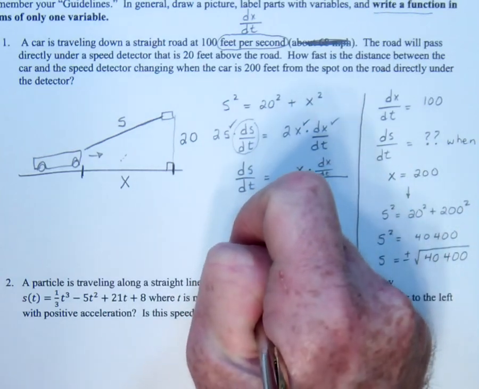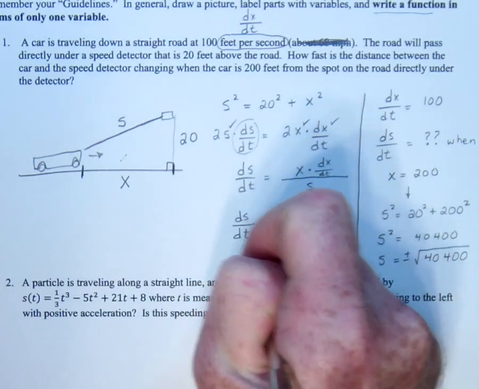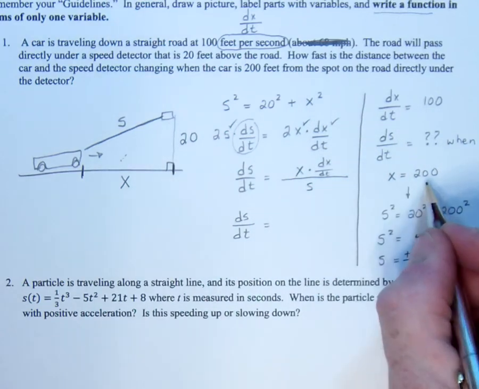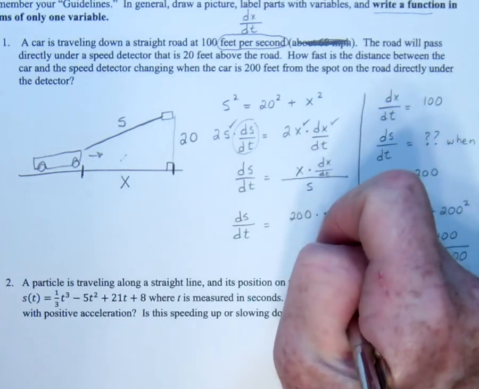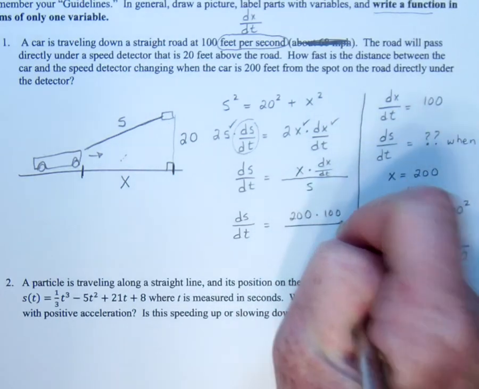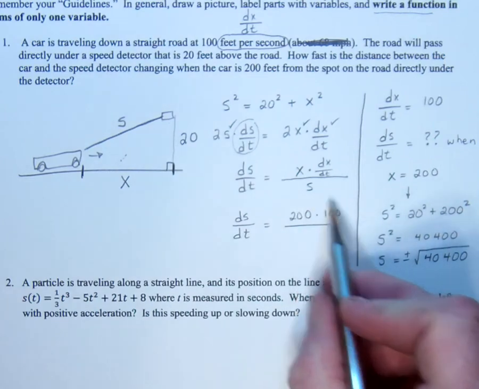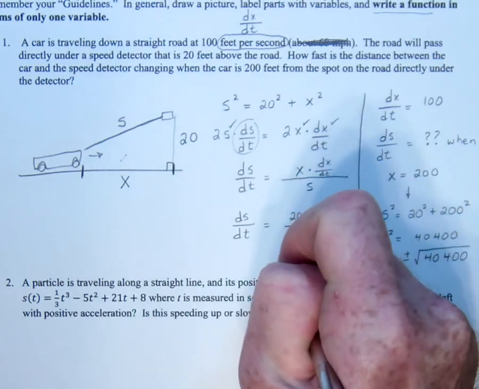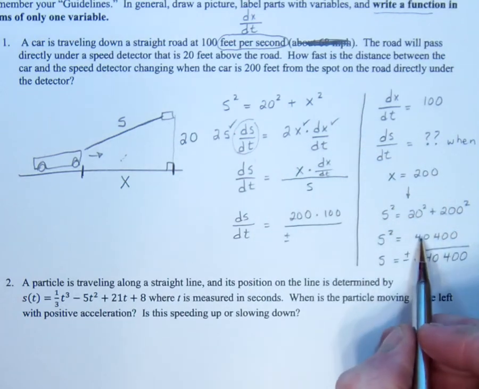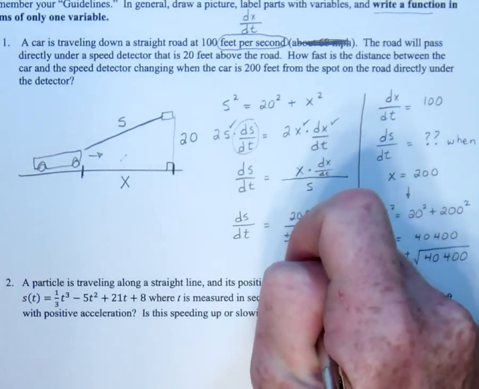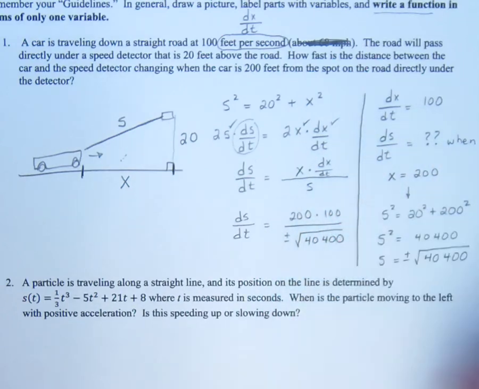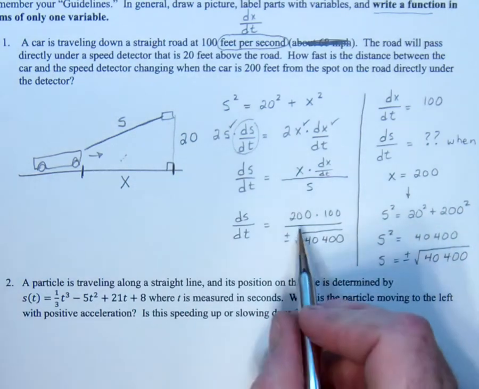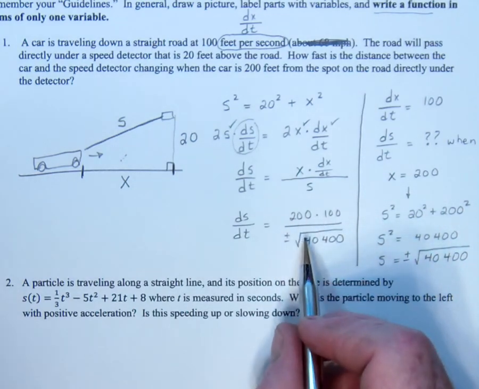So when we substitute in the numbers, ds dt is, let's see, x is 200, dx dt is 100, and for the denominator, s is this. And as I said, technically, when you take the square root of both sides, you're supposed to put plus or minus. Okay, now you could go ahead and type this into a calculator and get a decimal answer, but I'm not going to do that right now.